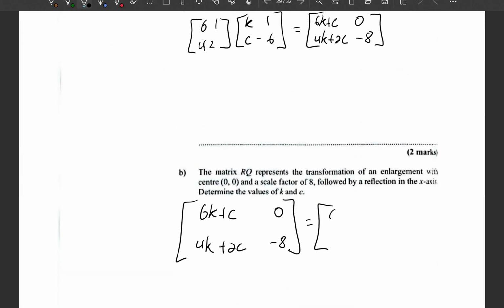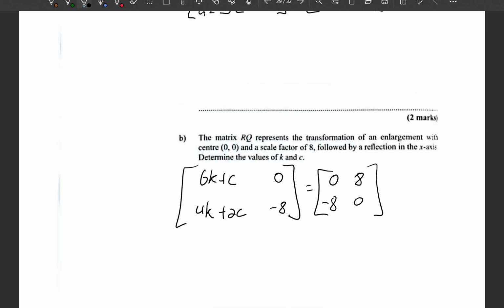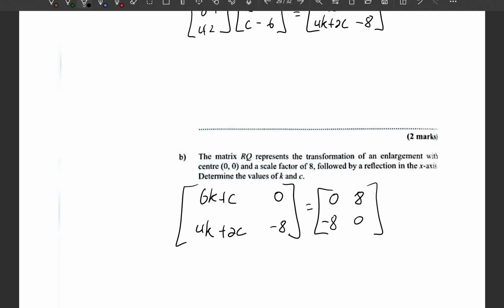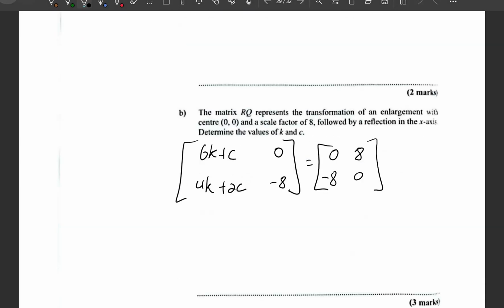Right, so comparing constituent parts, I may have made an error because we're seeing here that minus 8 equates to 0 and 0 equates to 8. Something might be off there.